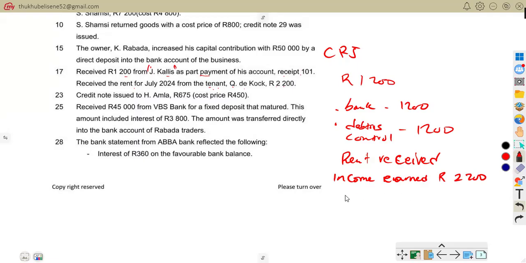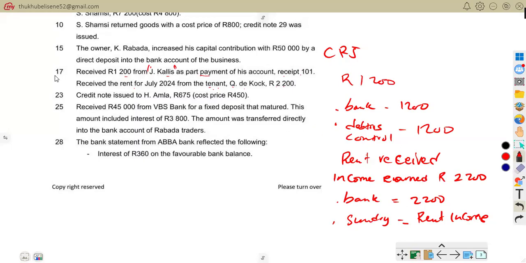So the bank is going to receive 2,200, and you're going to have a sundry, because you don't have a column for rent, of rent income.